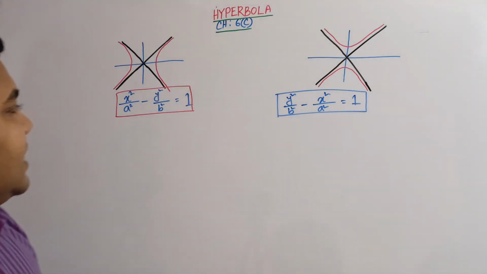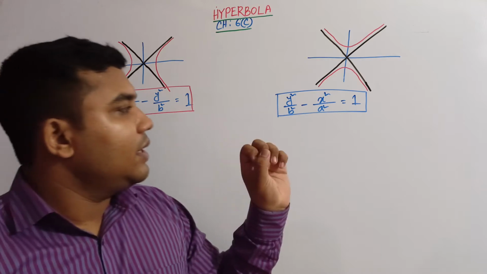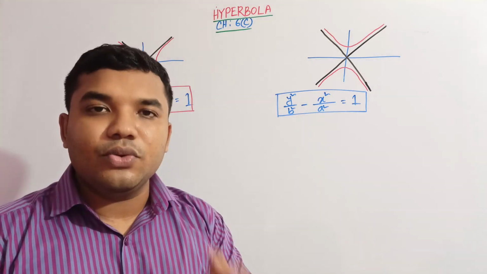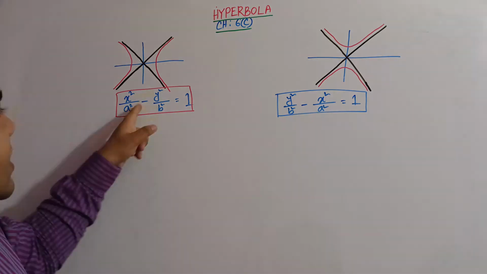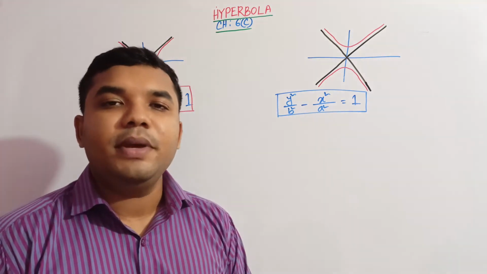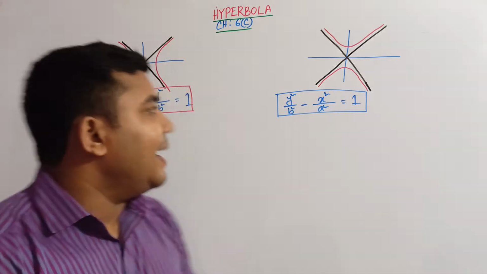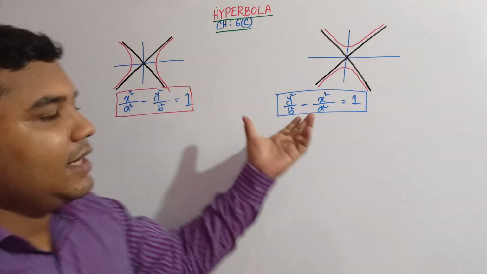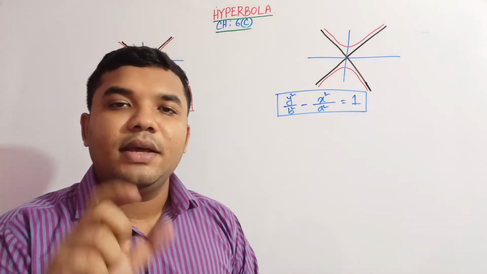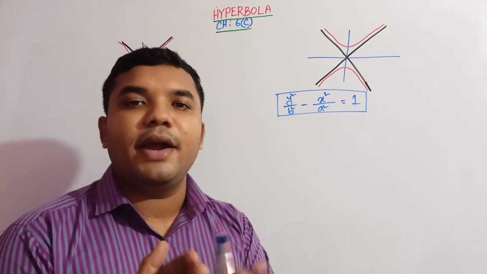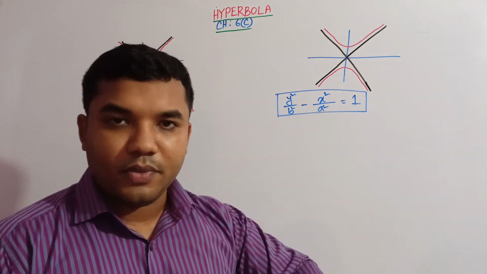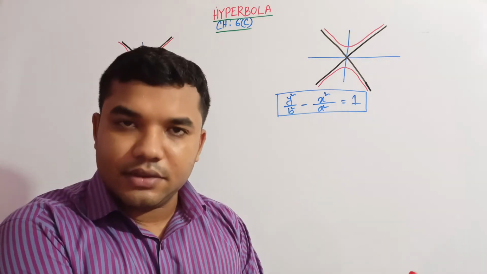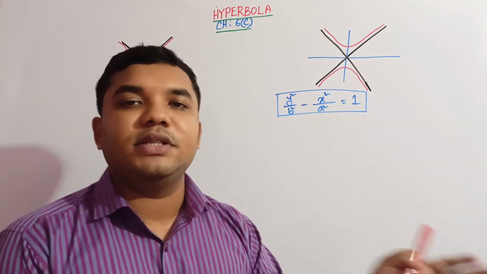So my dear students, these two types of equations look very similar to the ellipse, but in the ellipse there was plus, and here it will be minus. Especially in the ellipse, we had to consider the major or minor part, that was a and b, depending on whether a was bigger than b or b was greater than a.